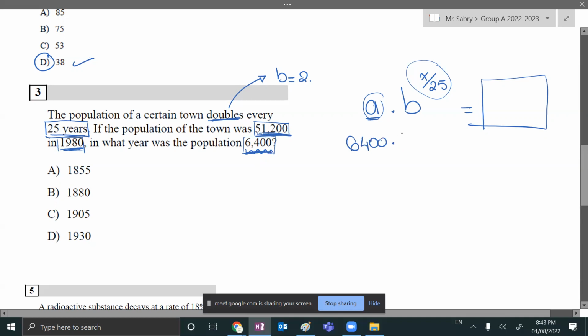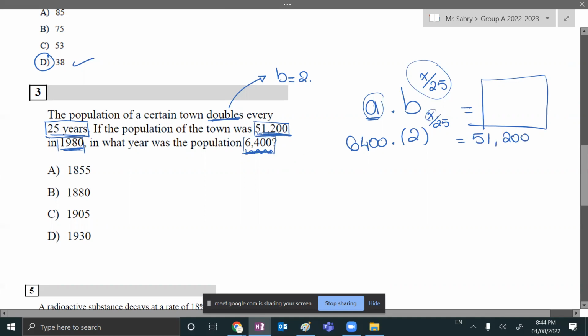And we also know that the B is 2 because they say they double. We also know that the power, which is the number of years, is supposed to be divided by 25. We know that after some number of years, we don't know how many exactly, they became 51,200.